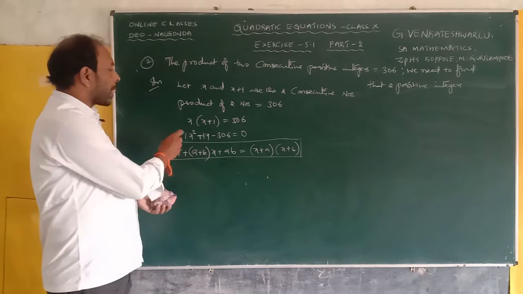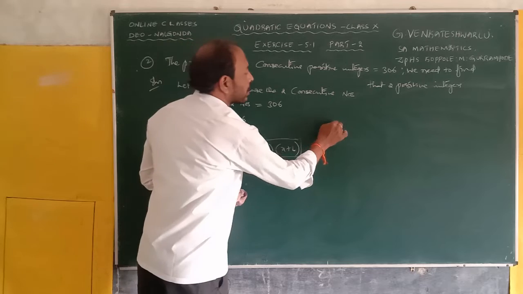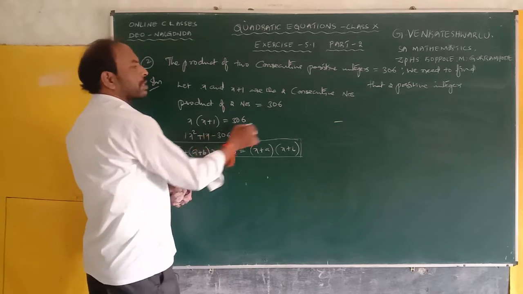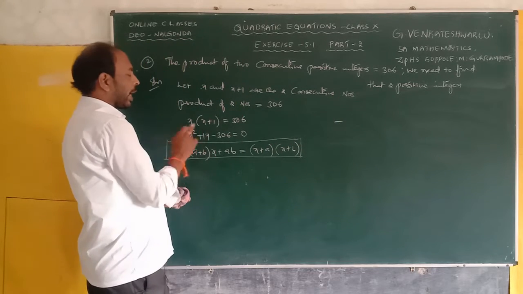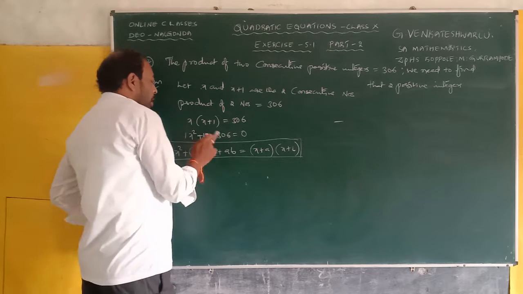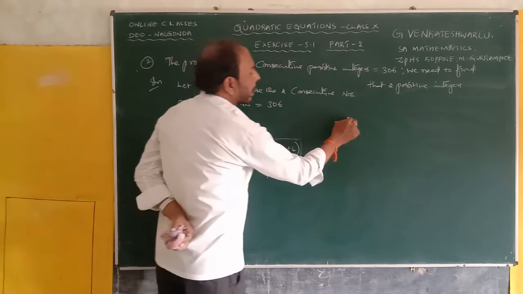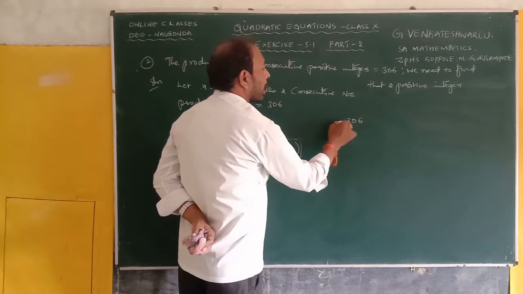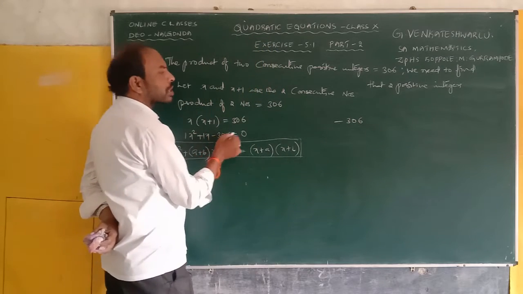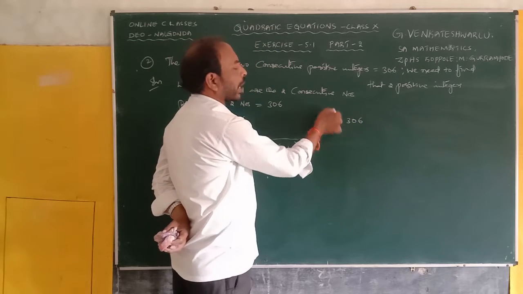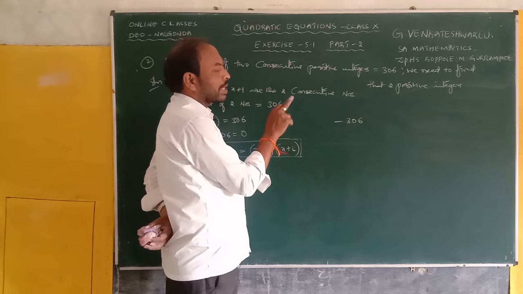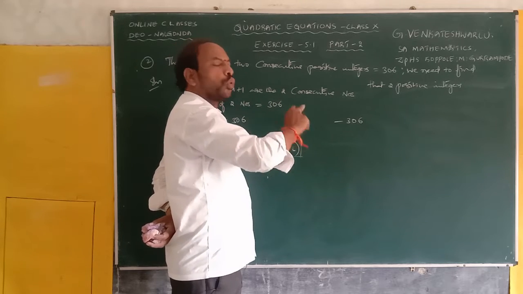So here plus into minus, look here, multiplying the x square coefficient and the constant term, the product has a negative sign, 306. 306 is written as a product of two factors.